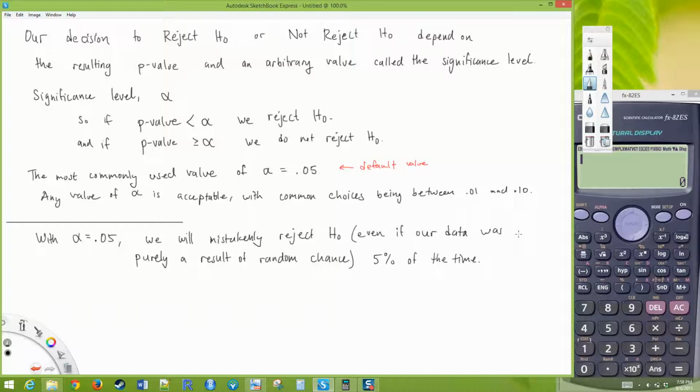Okay, and so this mistake, this is known as a type 1 error. Okay, this is a type 1 error.